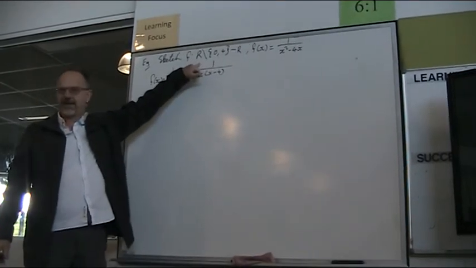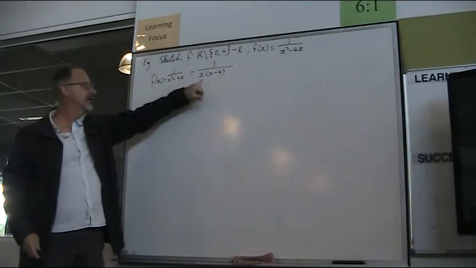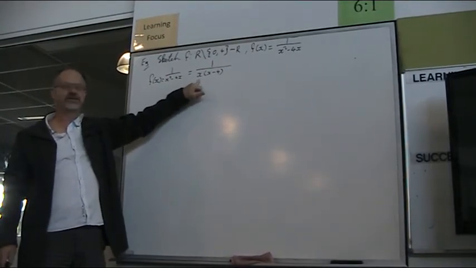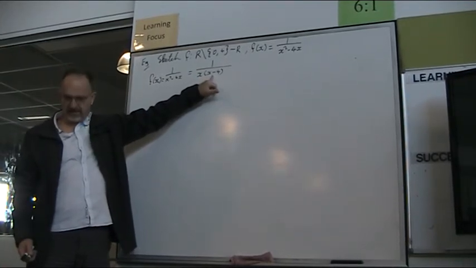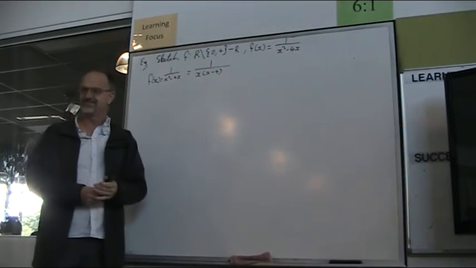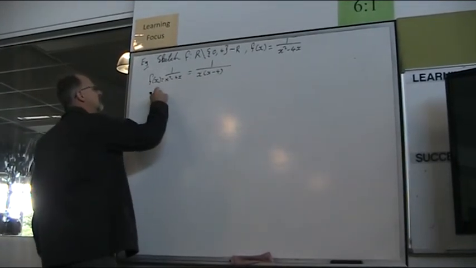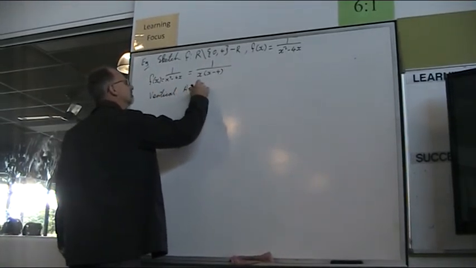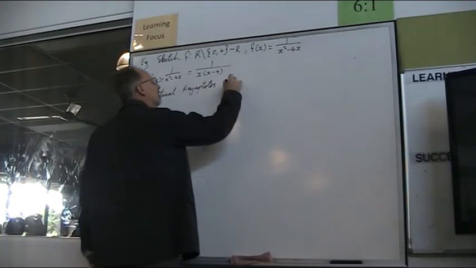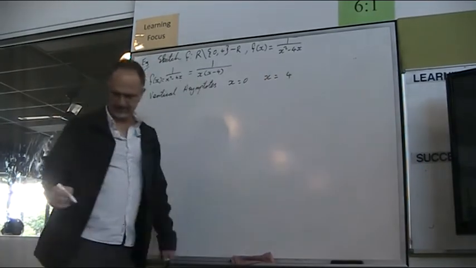So when we look back at our domain, we're excluding 0 and 4 because the function is undefined there. So how many asymptotes do we have? 2 vertical asymptotes, x equals 0 and x equals 4.